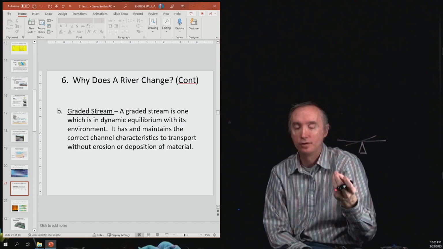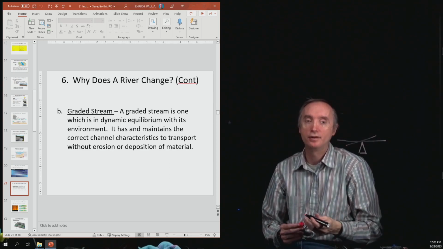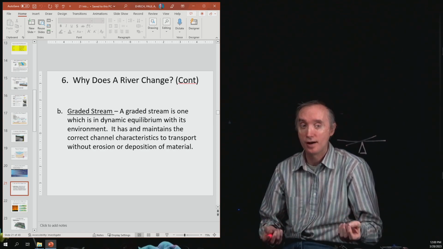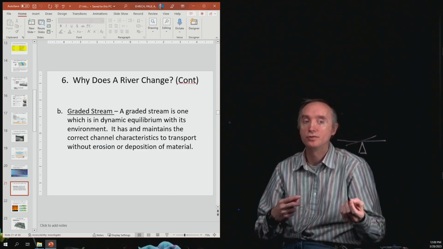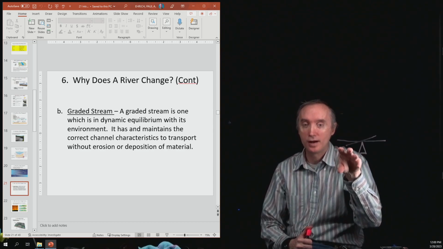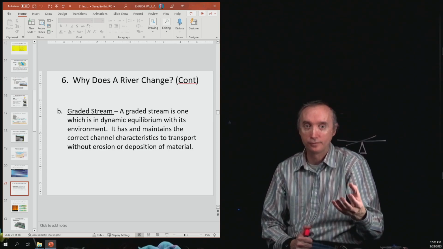A river does change, let's say during a flood or during a drought, but over time it's going to have a set amount of characteristics that go with that particular river.